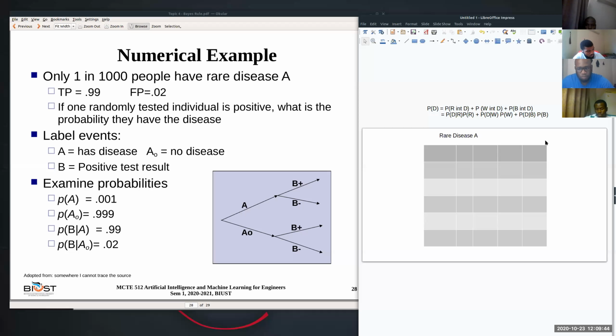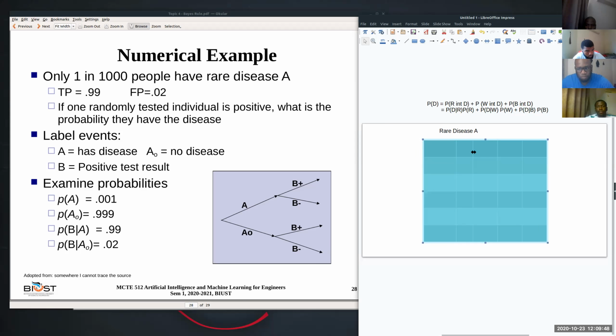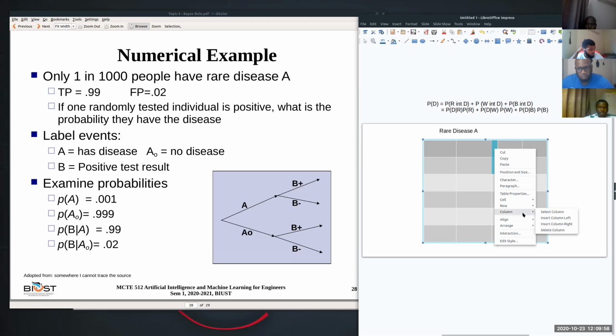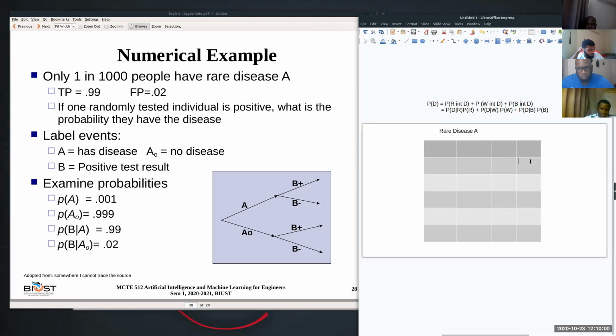In terms of positives, of course, when you test, there'll be a positive case, and the whole thing is positive. Then we merge it.